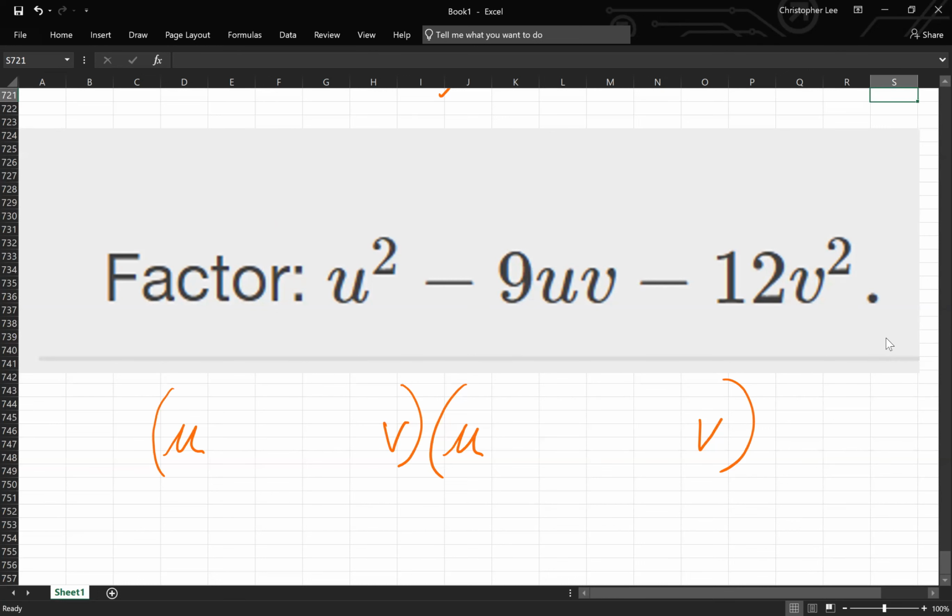When I add them, give me a -9. Both negative? One has to be positive and one has to be negative, right? Because that's the only way the C term is going to be negative. But the larger number is going to be the negative though, right? Because the B term is negative. So what are two numbers that multiply to -12 and add up to -9?